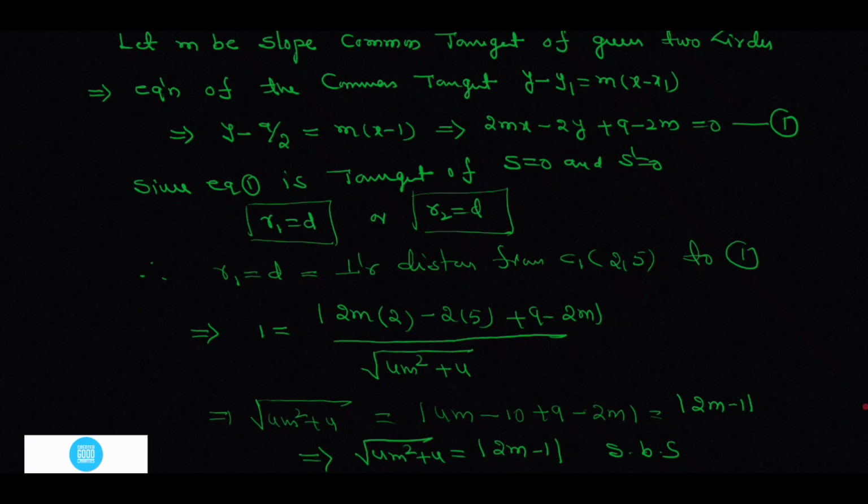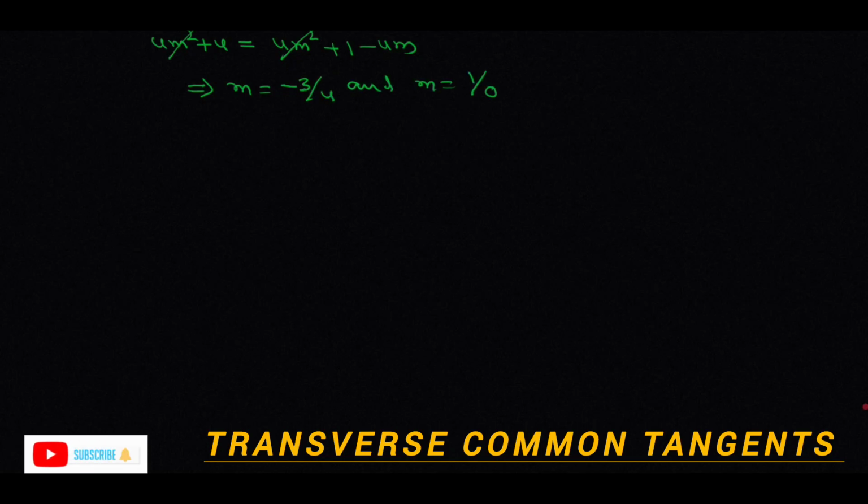Now squaring on both sides, we get 4m square plus 4 equal to 4m square plus 1 minus 4m on the right side. The 4m square cancels, then we get slope m equal to minus 3 by 4. One more slope, m equal to infinity, that is 1 by 0, is considered. Here there are two cases.